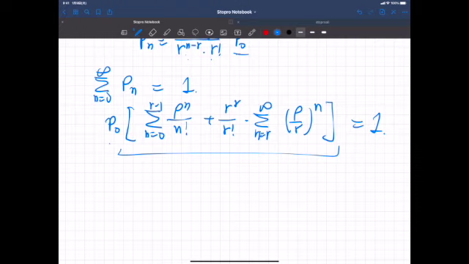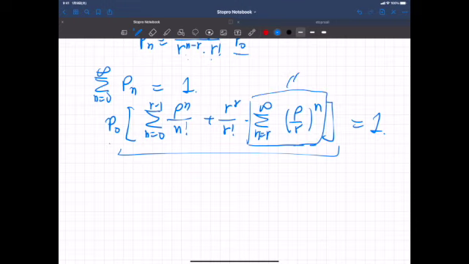Anyways, for this part, we can put some of the factors out of the summation so that we can carry out the summation of this series.